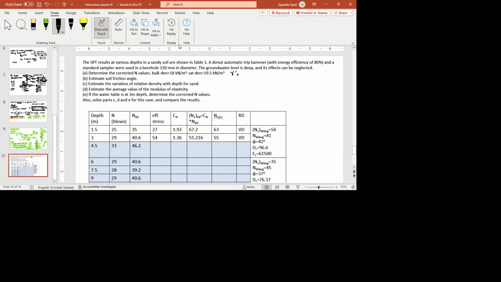Let us take gamma W is equal to 10. So our gamma submerged will be equal to 9.5 kilonewton per meter cube.